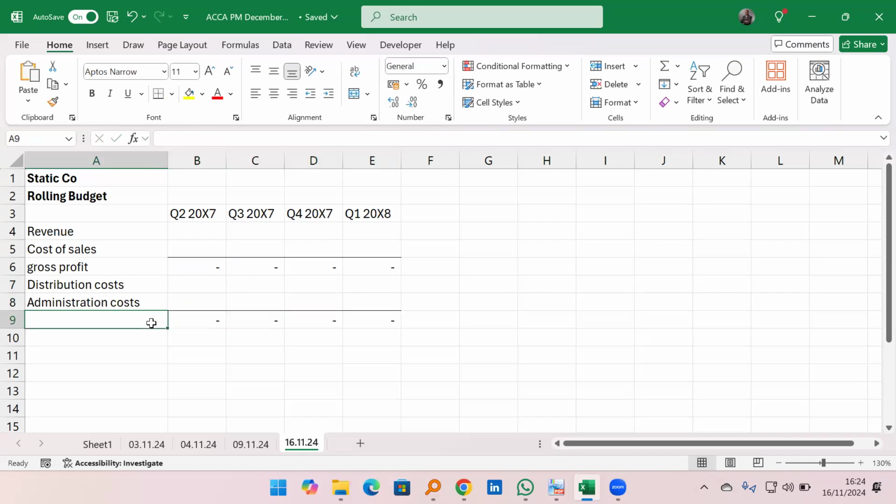Then we have our operating profit. Okay, so that's what we have.